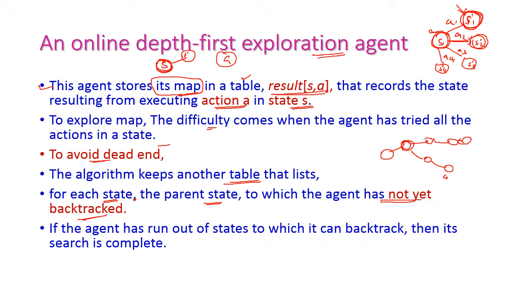So the agent has to keep track of the particular state from which it can backtrack. Suppose it reaches this dead end, immediately it comes back up to this particular state and takes another route, so that it can easily reach the goal. So this is maintained by another table to avoid dead ends. These two are the important tables maintained by the online agent.